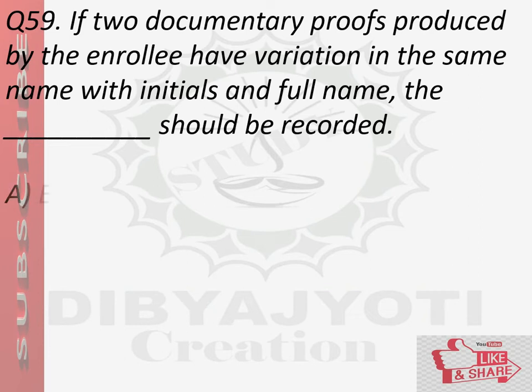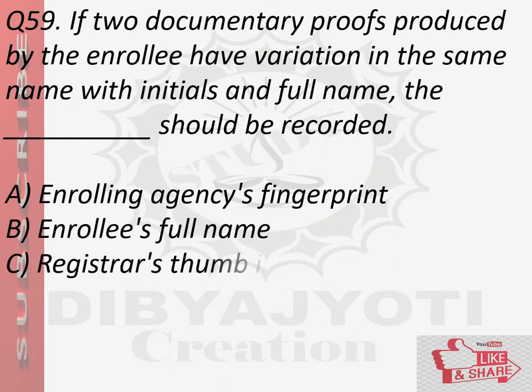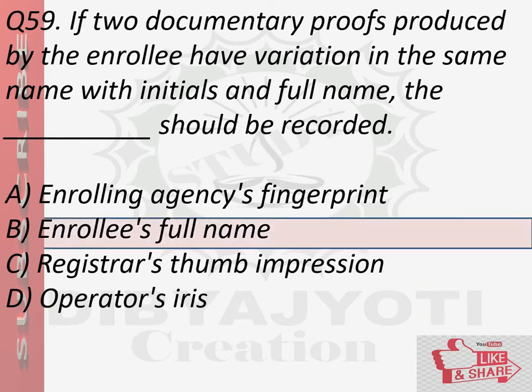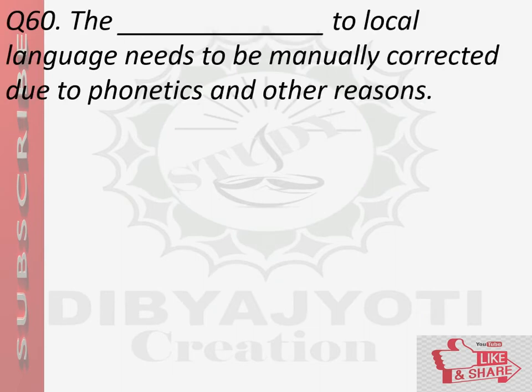Options are enrolling agency's fingerprint, option B, enrollee's full name, option C, registrar thumb impression, option D, operator's iris, and answer is enrollee's full name. Then next, question 60. The dash to local language needs to be manually corrected due to phonetics and other reasons.